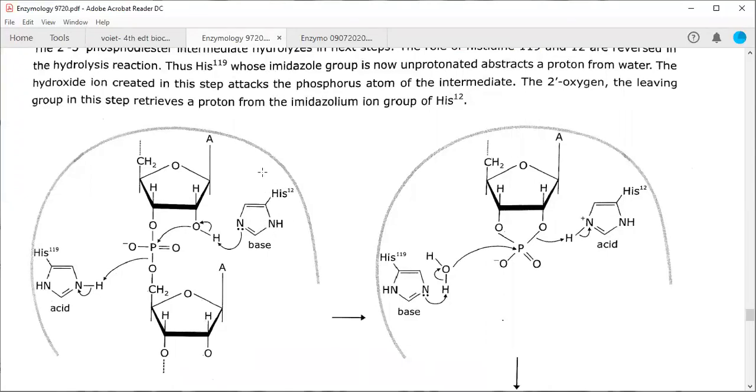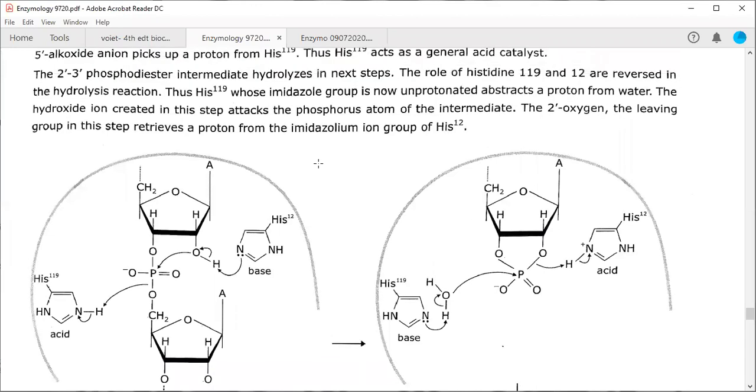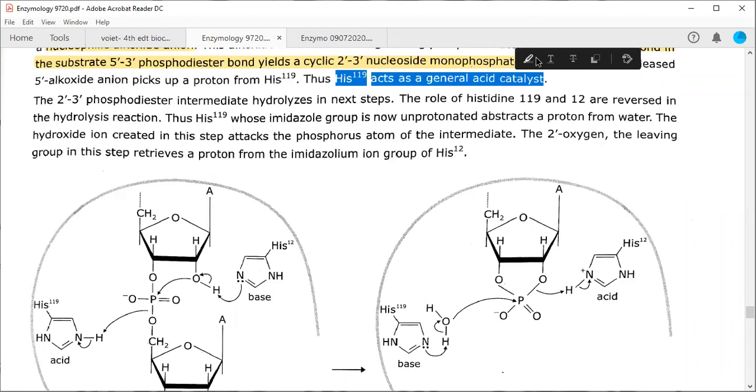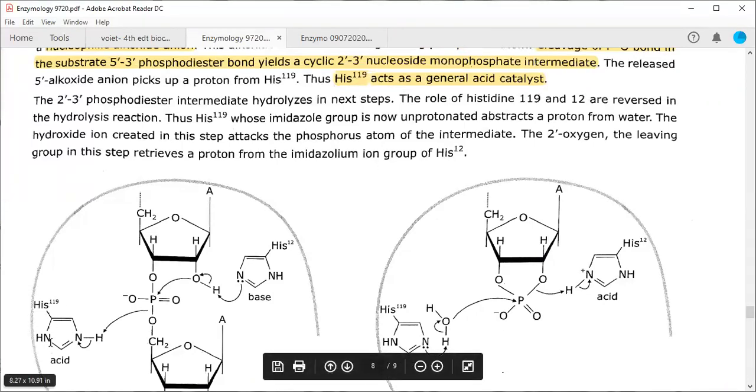Histidine 12 is acting as a general base, whereas this will act like an acid in the first step. So the released 5' alkoxide anion picks up the proton from the histidine which is on the C terminus of the same protein, RNase A. So this will act like a general acid catalyst. So in the first step, this is a general acid catalyst, and this is a general base catalyst, and they are going to degrade the RNA.